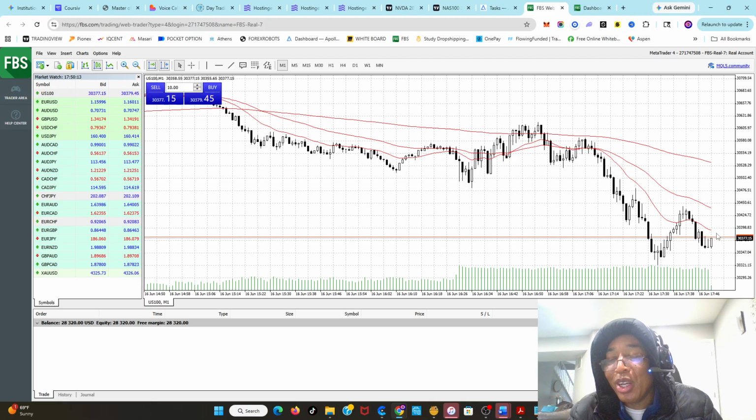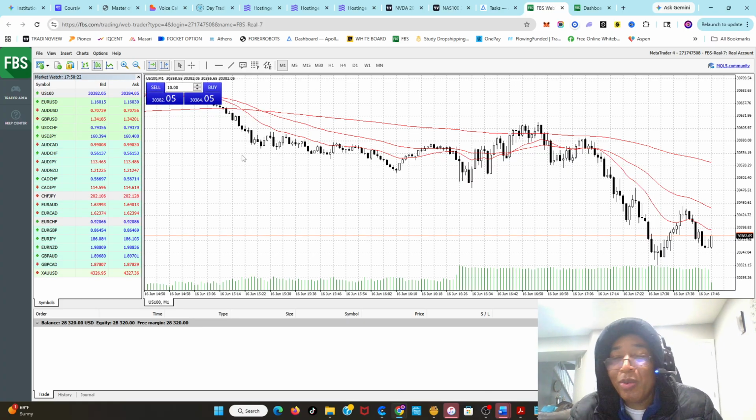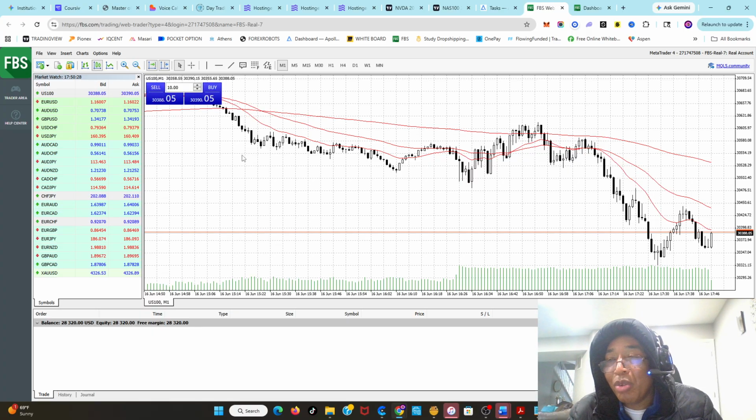So now I think we're gonna go up because we've printed a double bottom. It's time to go up now. We're gonna wait for that candle to close and see if we have. It's gonna close big. Let's see the next candle that comes up after that.